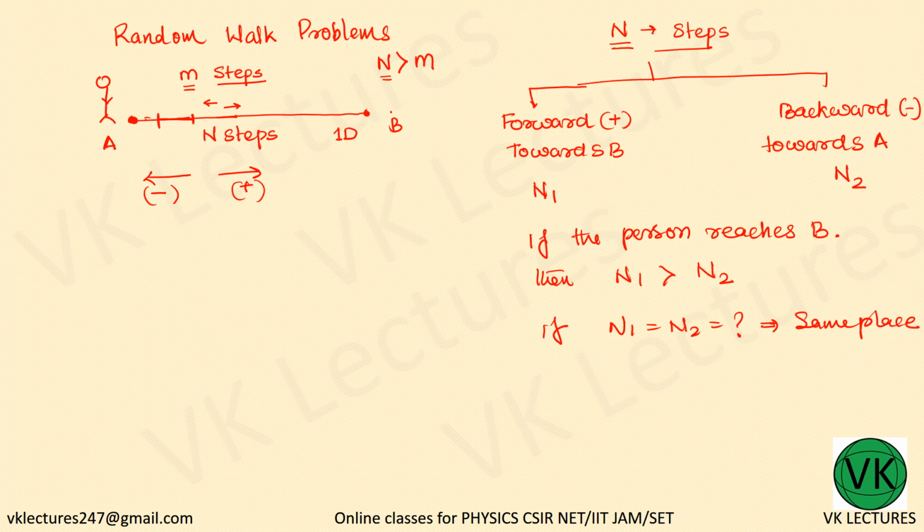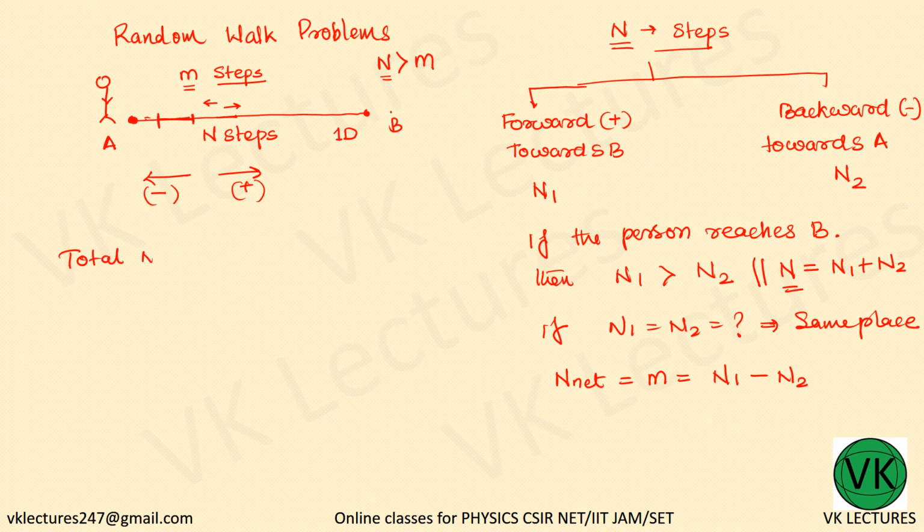And if he reaches this B, there is one more thing. The total number of steps is n1 plus n2, and the net steps, given by m, is equal to n1 minus n2. So let us write down what the things are here.